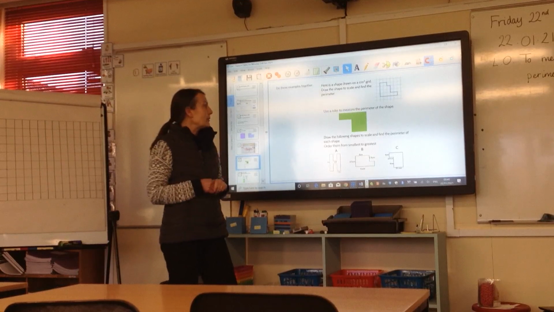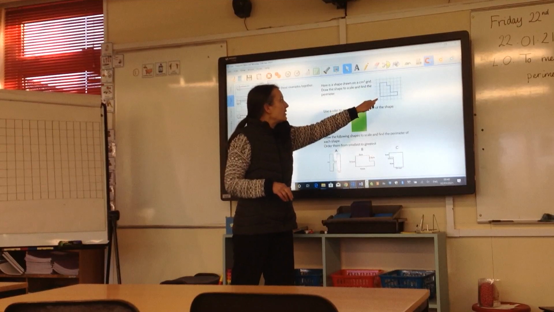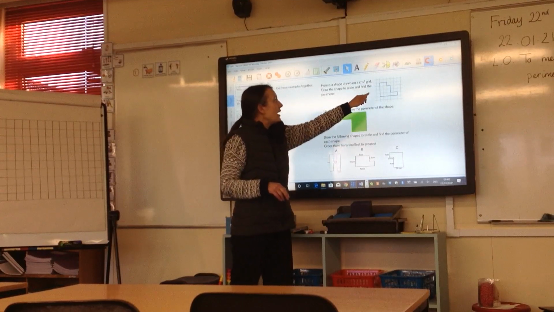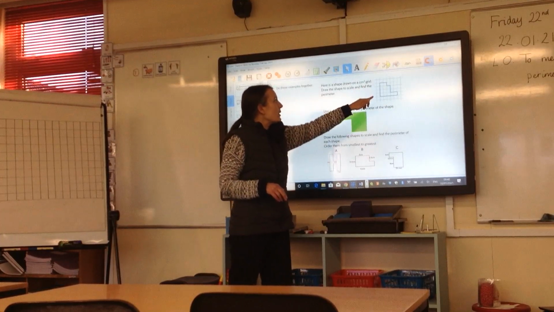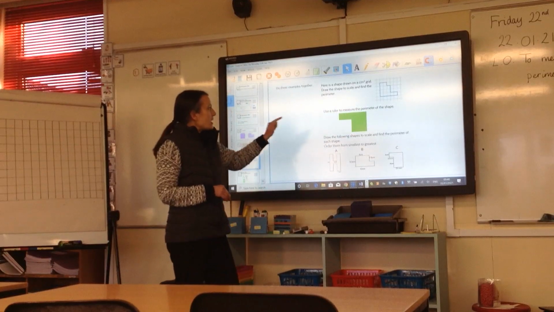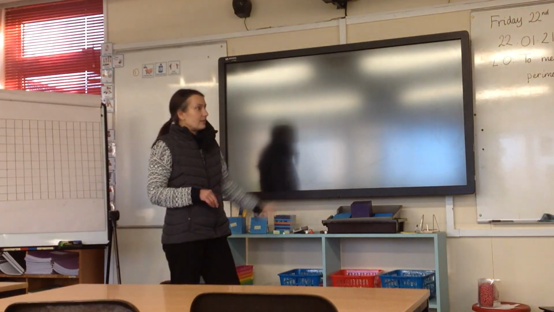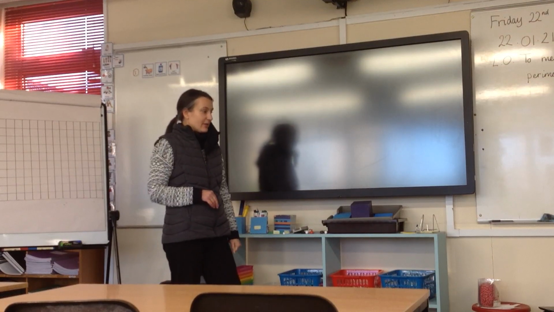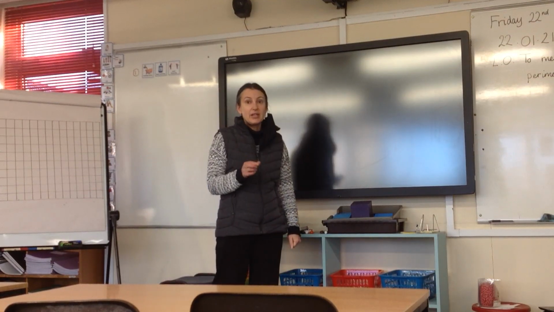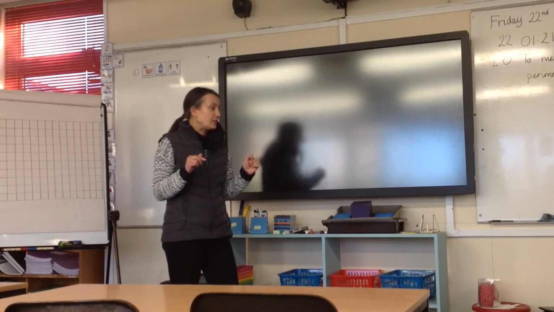Okay, great, welcome back. So you should have then drawn your shape, and then you can count along how many squares that is. This one here is drawn for you. So we have a power cut. Okay, that's fine. So the green one on your screen, you can see is drawn for you.